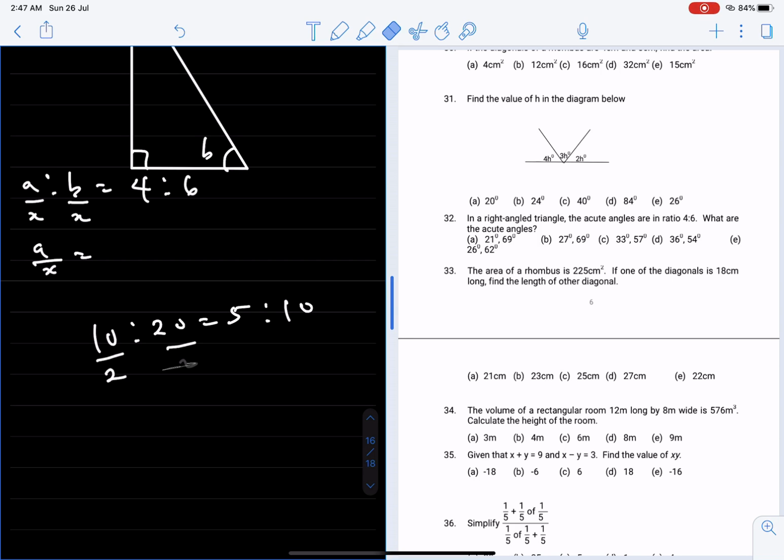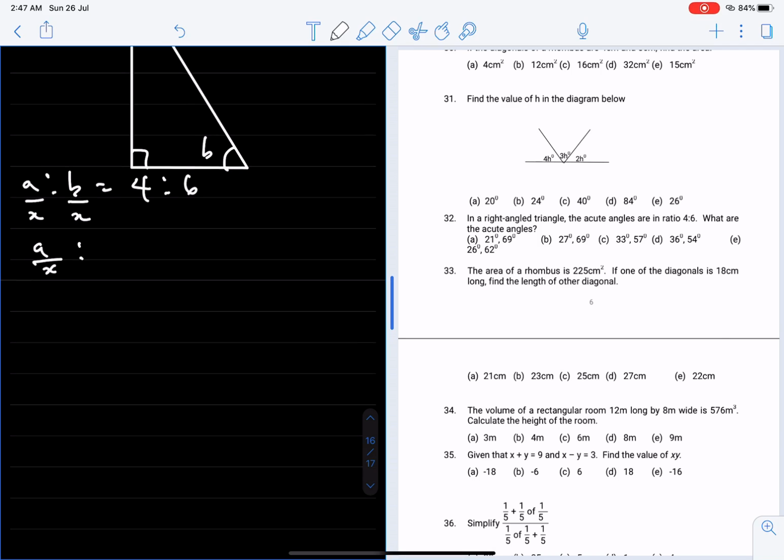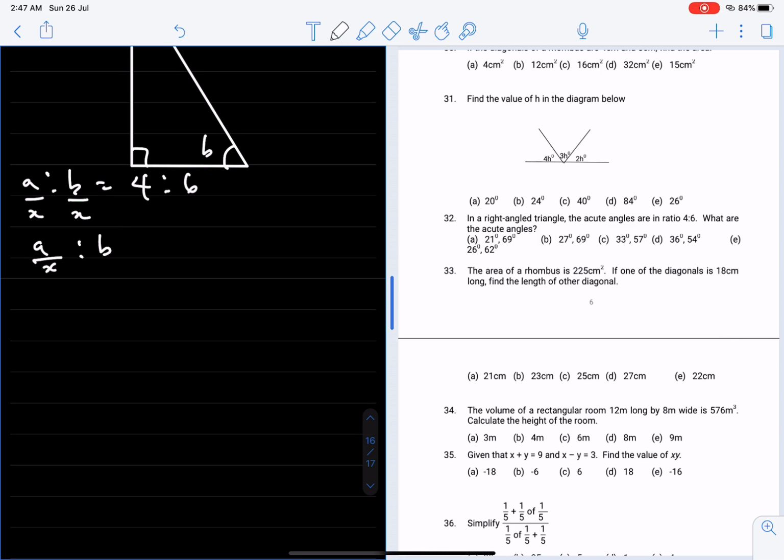So when you divide the numbers in the ratio by the same number, you get a simpler form of the ratio. Here, X is that common number by which I'm dividing, a smaller number. So A over X to B over X equals 4 to 6.